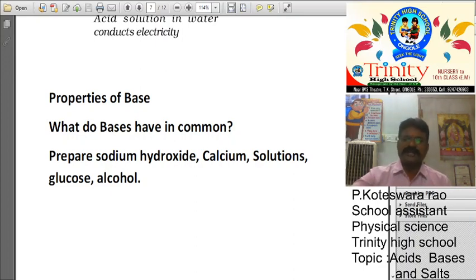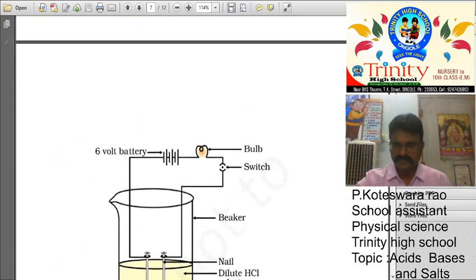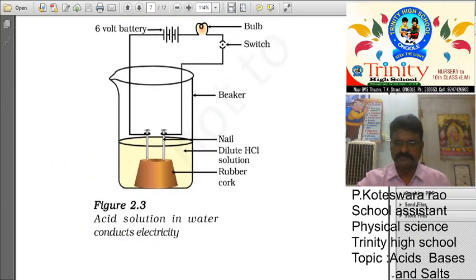So we want to conduct the same experiment, but here the solutions are changed. Glucose and alcohol are the same, but we want to prepare sodium hydroxide and calcium hydroxide solutions, because sodium hydroxide is a base and calcium hydroxide is a base. We use the same diagram.